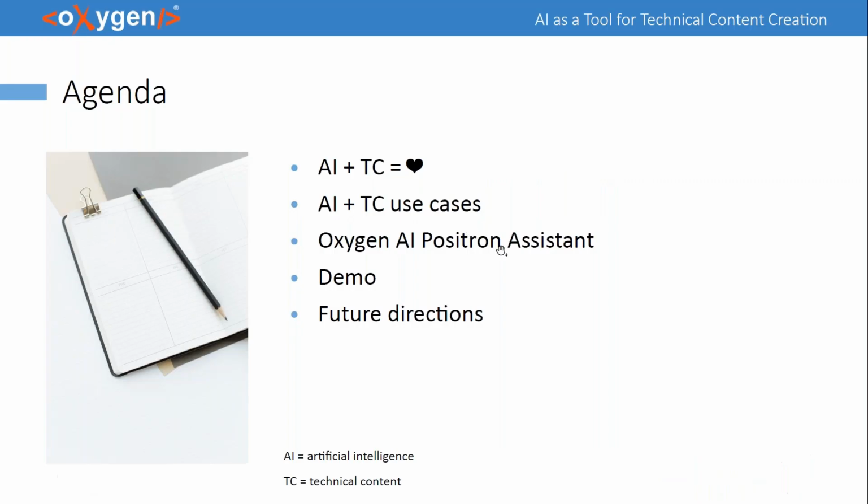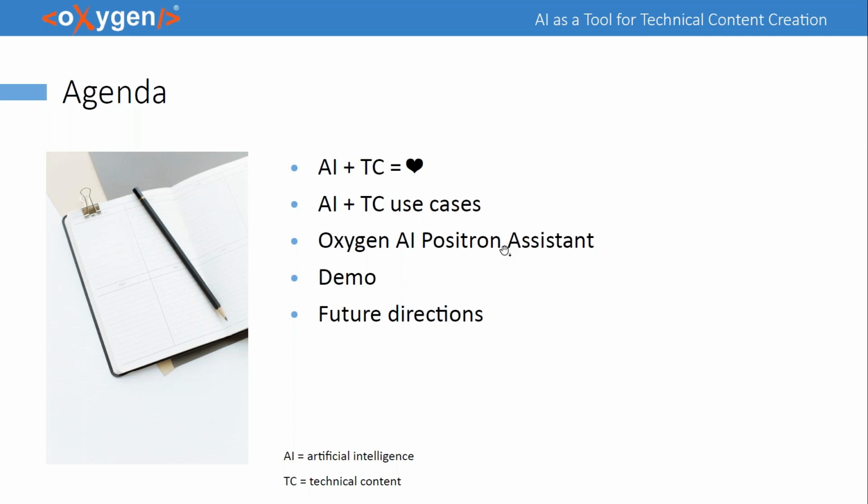Today I'm going to start by saying a few words about the relationship between artificial intelligence and human written content in general, technical content included. I also want to show the use cases of using AI in technical content creation and review.